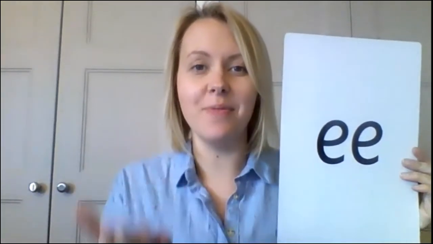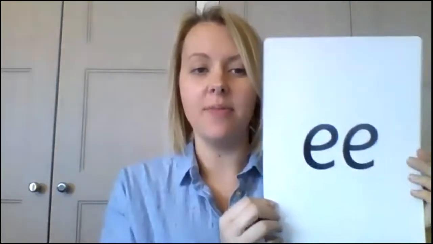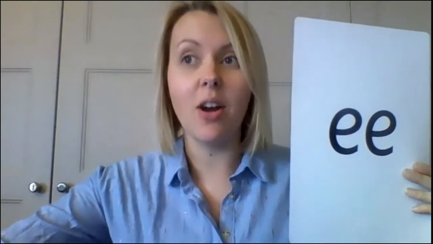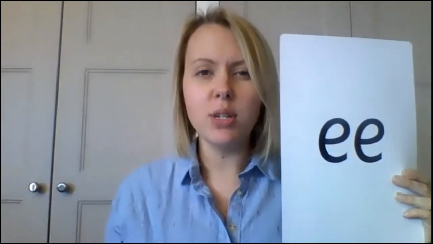So let's have a look first of all at our set 2 sound of E. E. Fantastic. So we have E. What can you see? Now we also have a set 3 sound that is E as well. I wonder if you can remember what it looks like, what its grapheme is. I'll give you a clue.